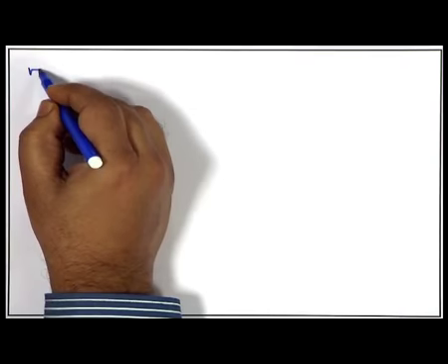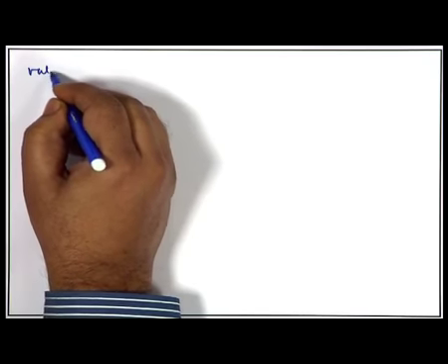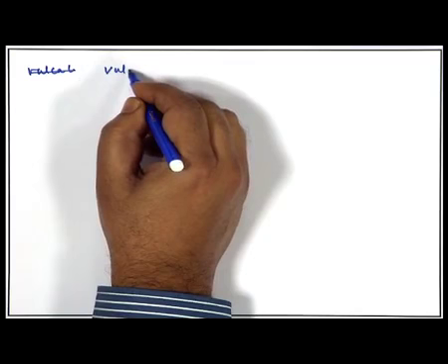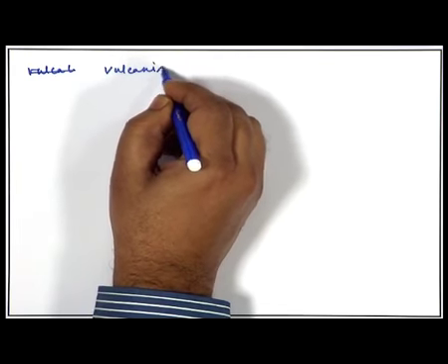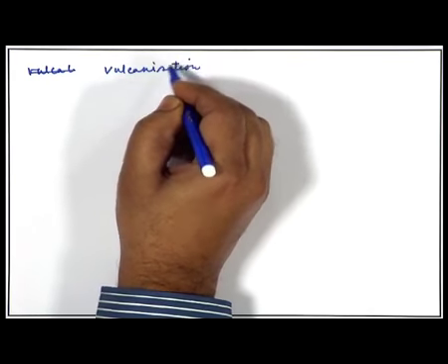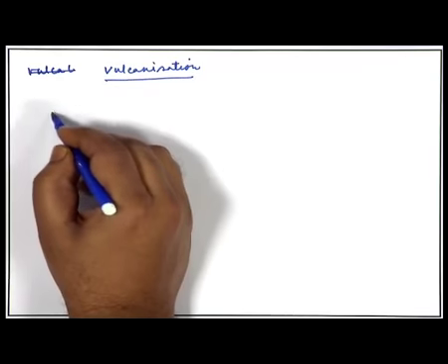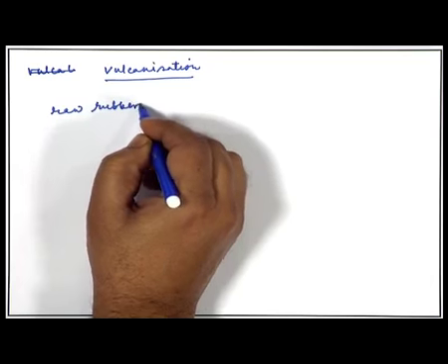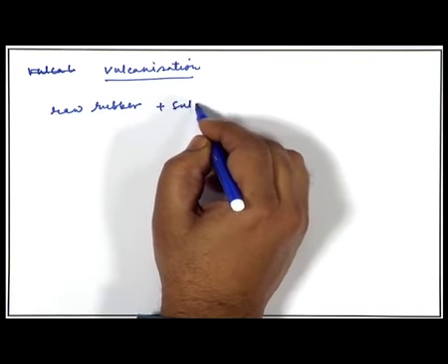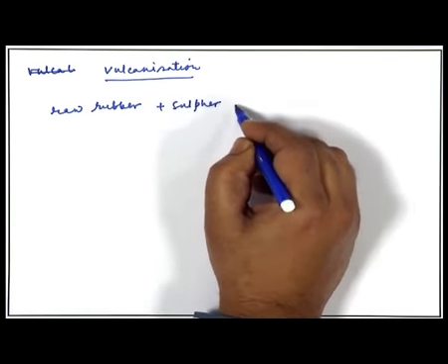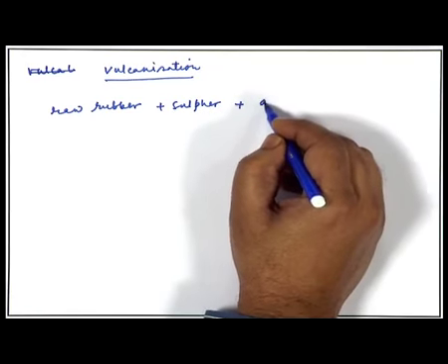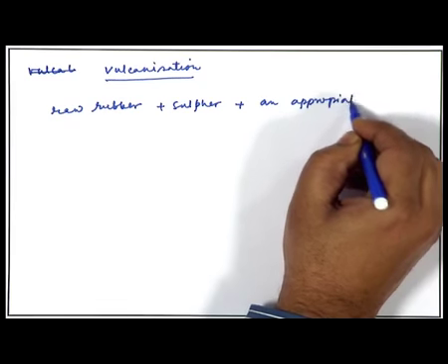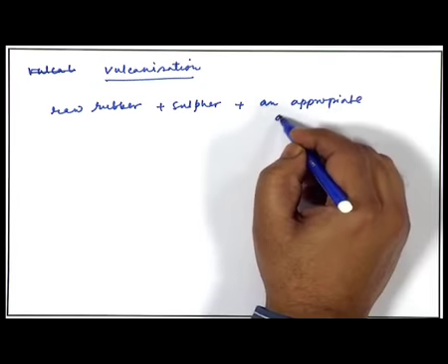So, vulcanization is you take the raw rubber plus sulfur plus an appropriate additive, which basically helps in accelerating this cross linking reaction.